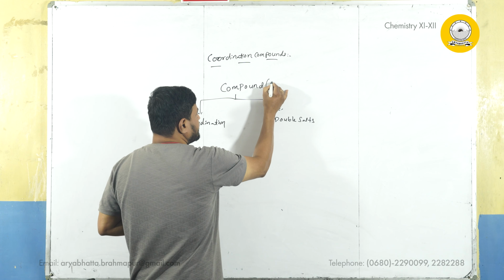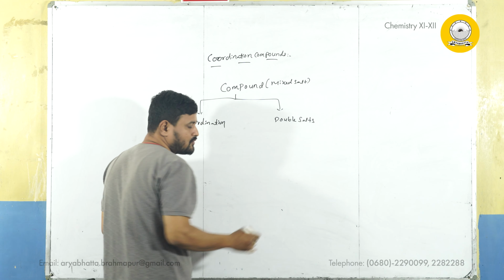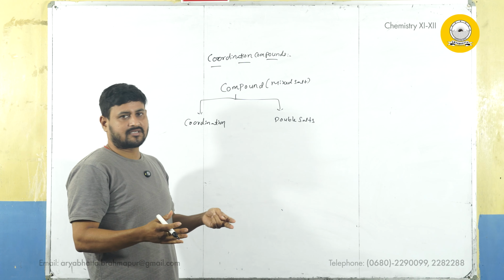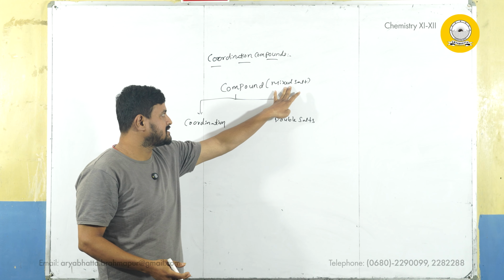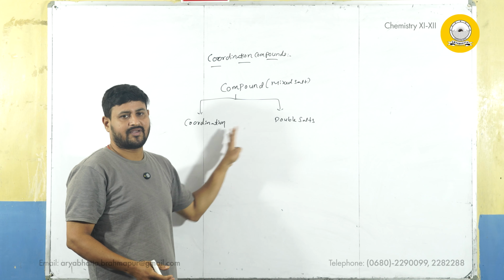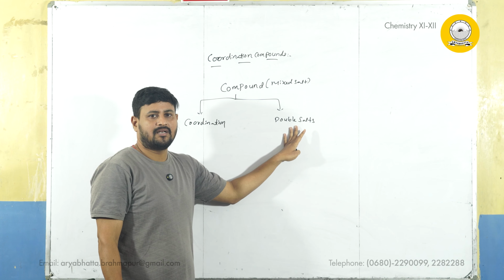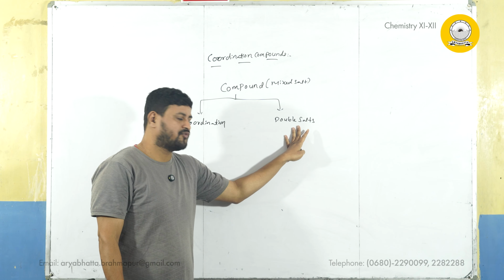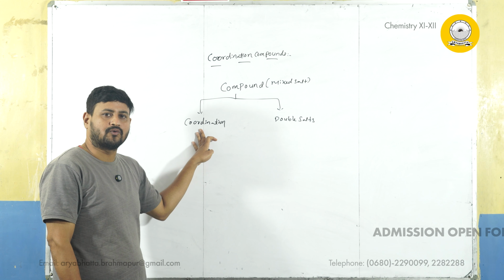Here I am also taking the compound as a mixed salt. If two or more salts are mixed with each other, they can produce one compound. That mixed salt will be classified into two ways: the coordination compound and the double salt, and both are formed by mixing of two salts.